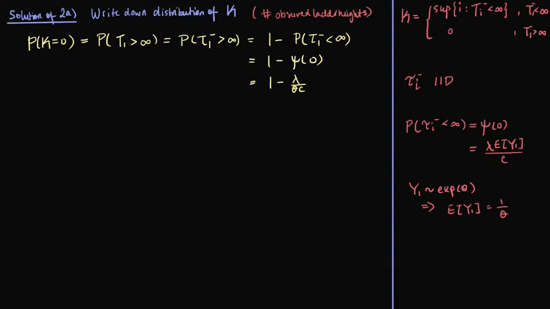Now we've got this case out of the way, let us try to consider the other cases. For some natural number n, what is the probability that k is equal to n? First, let us take a look at the event that k is equal to n.